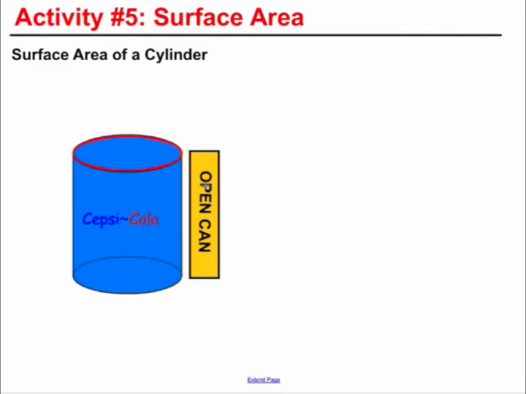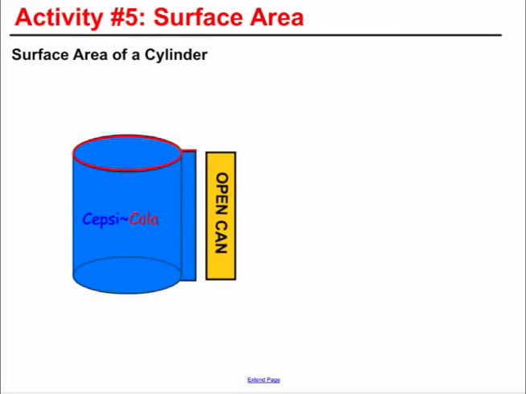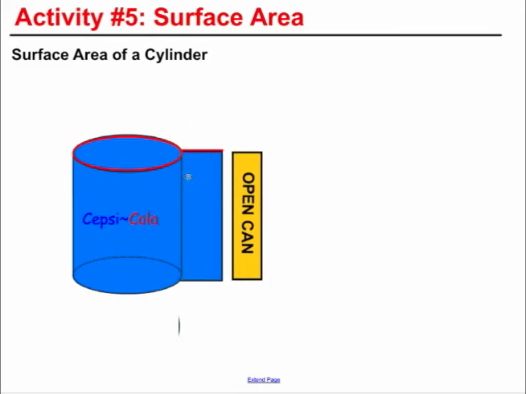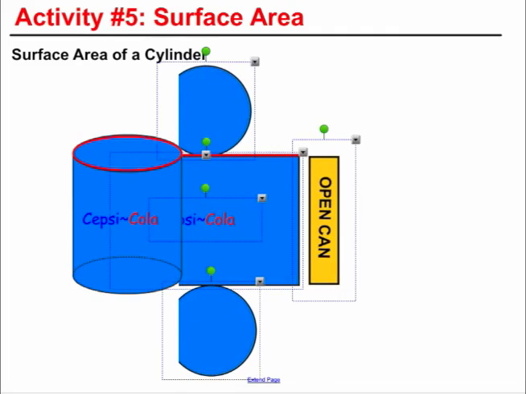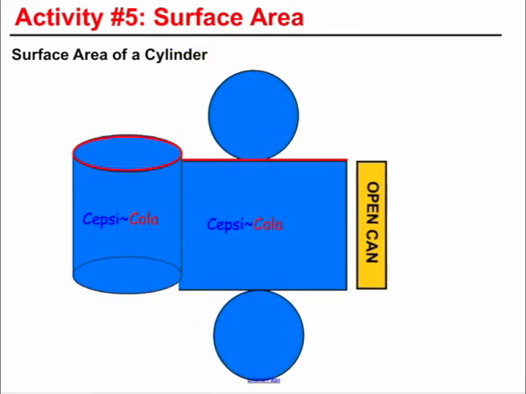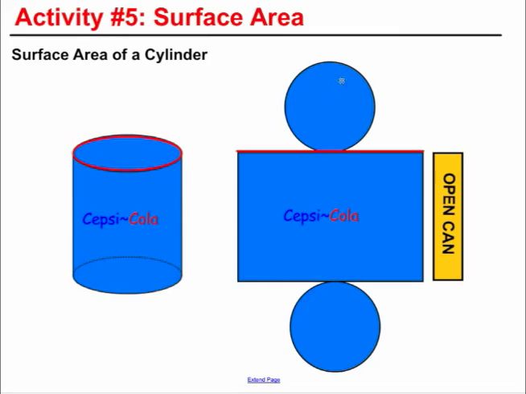So we're going to do this with a two-dimensional smartboard, but now we're going to take this can and I'm going to pull this tab. As I pull it, you're going to see the different parts that make up the can. So as I'm pulling, this section here represents the side of the can. And you can see we have the top and we have the bottom of the can, which are the circles.